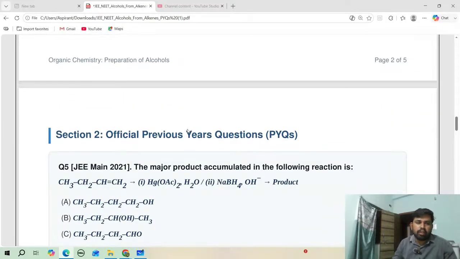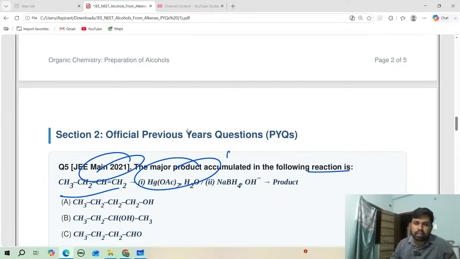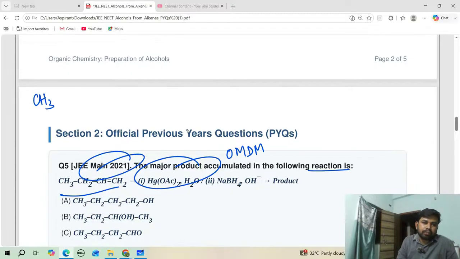This is from JEE 2021. They are saying this is the reactant they have given. They are talking about the oxymercuration-demercuration reaction. Now what are they saying here? CH3, CH2, CH double bond CH2.